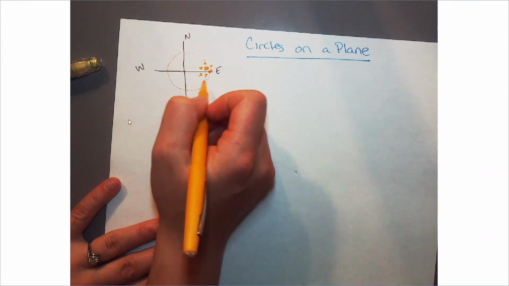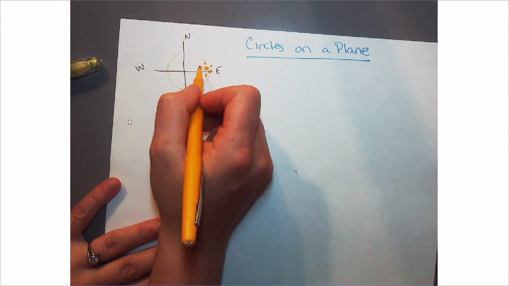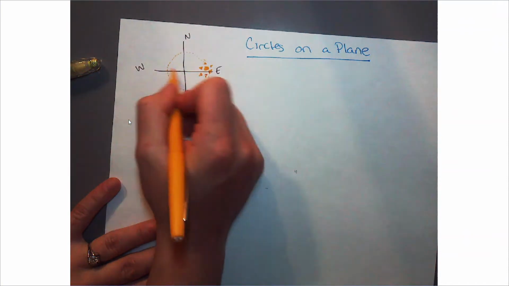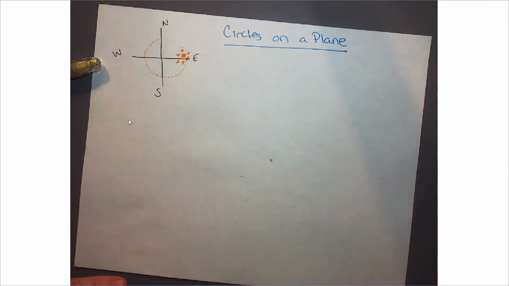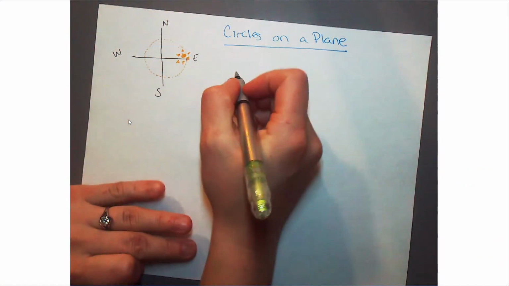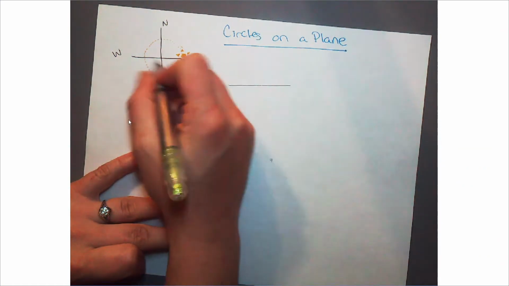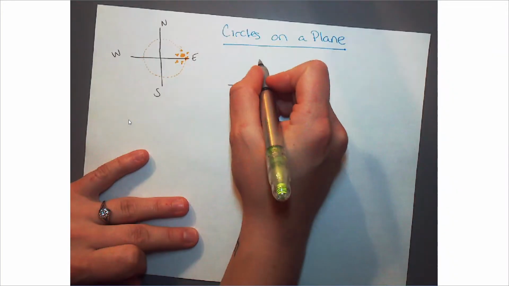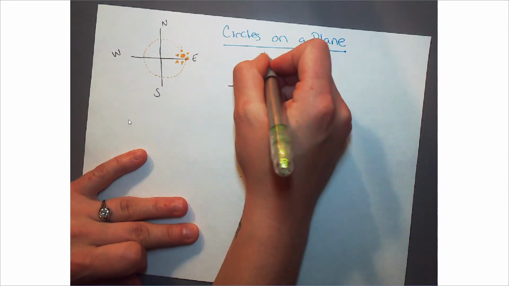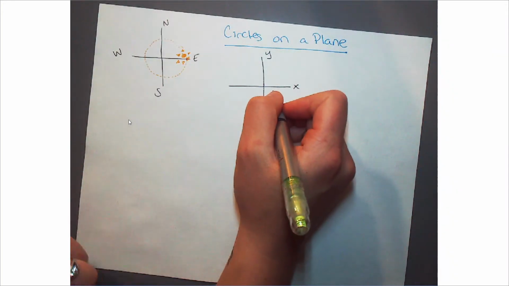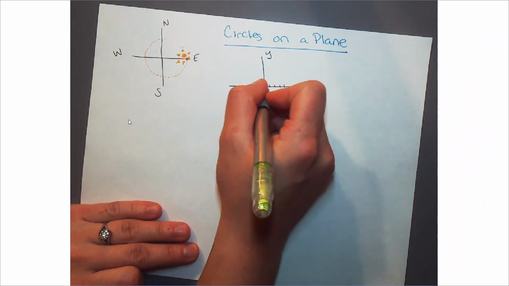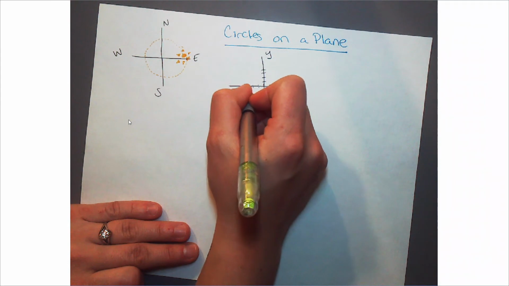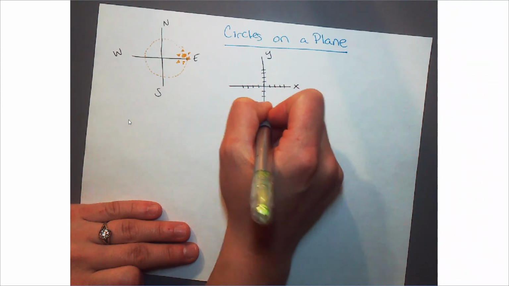And what we've done is we've actually just created a circle on an axis. So let's put some math to that. This time, instead of west and east, we're calling this X, and instead of north and south, we're calling this Y. And we're going to put a circle here. Let's say the radius is 4, and we are centered at 0, 0.